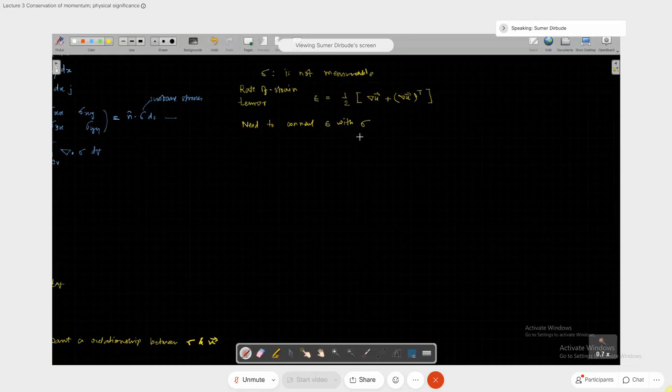That was the long battle, and Stokes came into the picture. Stokes is a person who gave a general relationship for homogeneous and isotropic fluids.